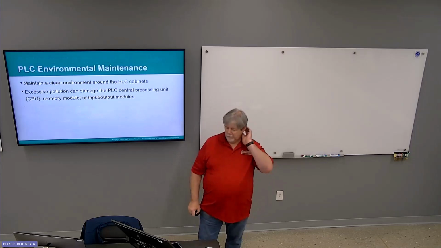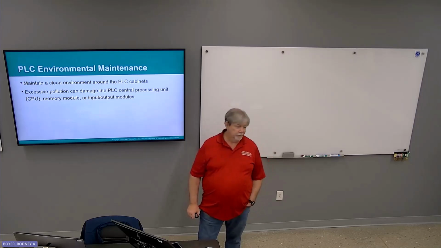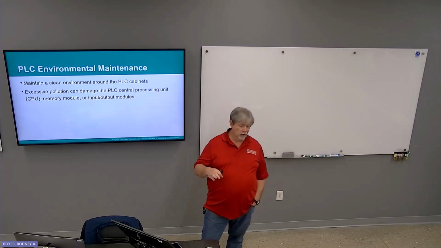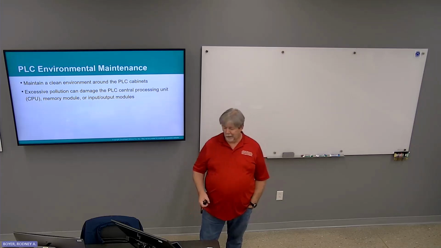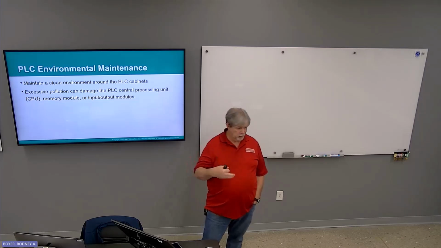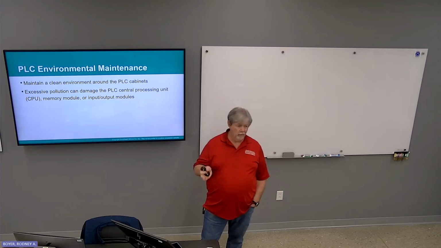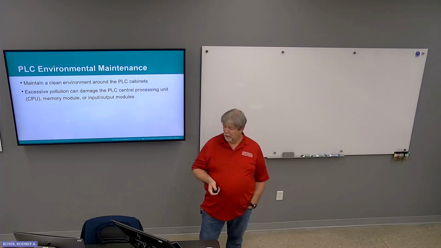Environmental maintenance: you want to make sure that the environment is clean around the cabinet and inside the cabinet. Make sure that the door stays closed and that sort of thing. If there is a fan or air conditioner on that enclosure, you want to make sure that you regularly check and clean or replace any filters so that they can continue to have proper ventilation.